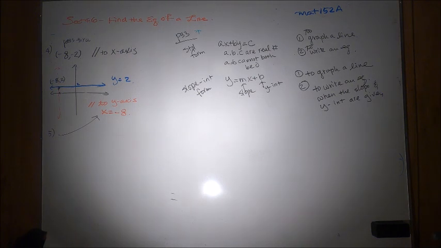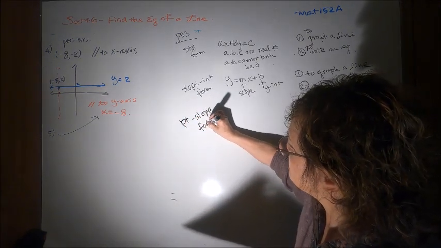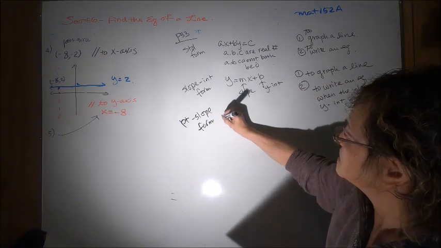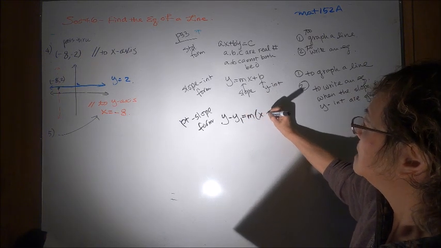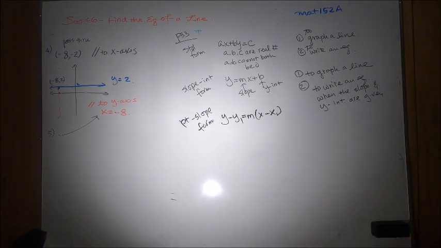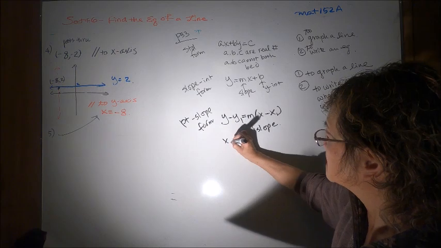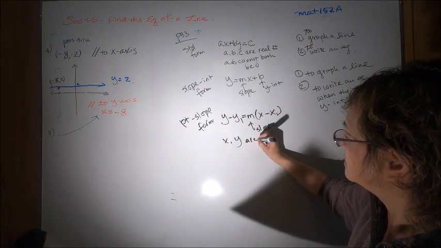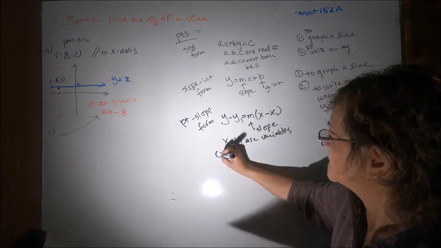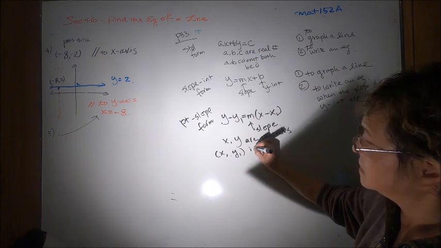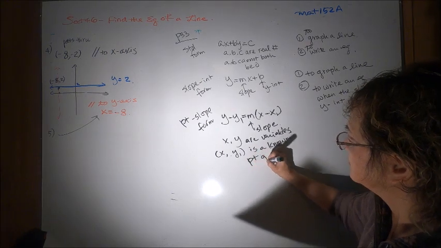Then another form we have learned is point-slope form. Which is what? y - y1 = m(x - x1), right? So m is your slope, x and y are your variables, and x1, y1 is a known point given to you.